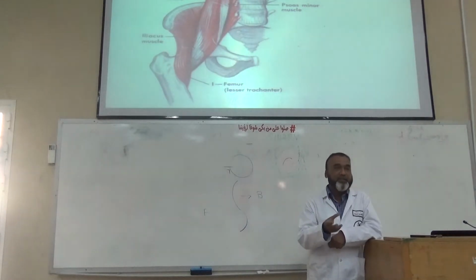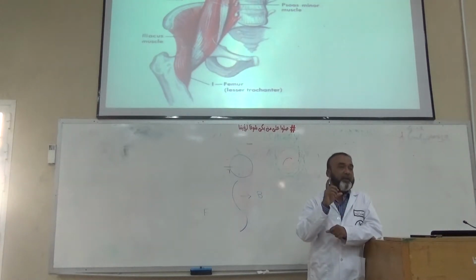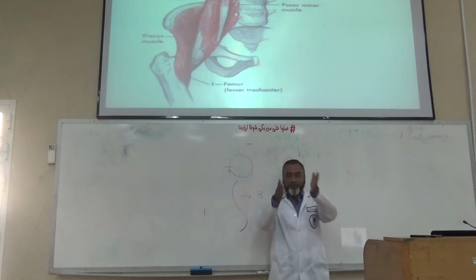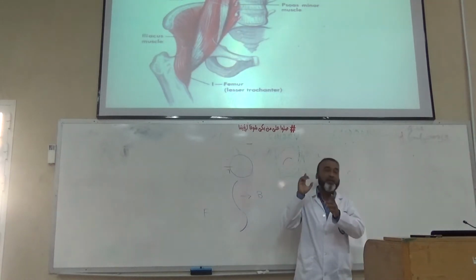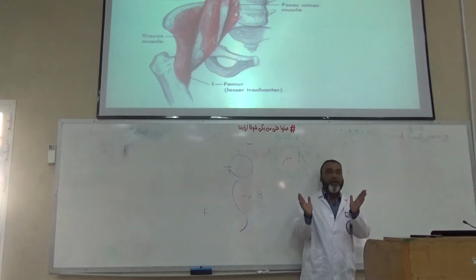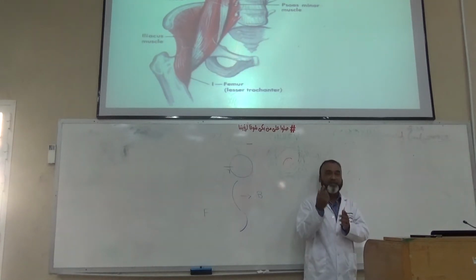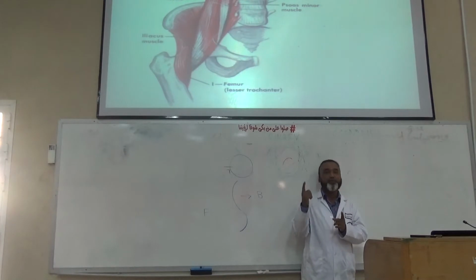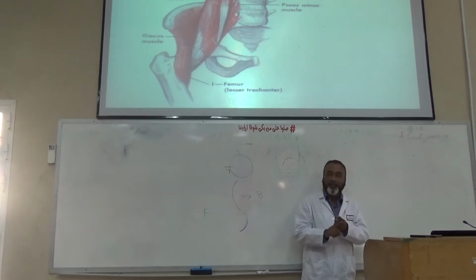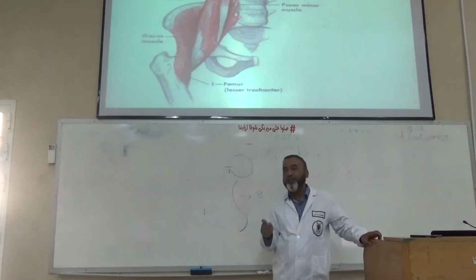So the iliacus muscle, after originating from the iliac fossa, passes down on the lateral side of the psoas and then joins and forms a single tendon named the iliopsoas muscle to be inserted over the lesser trochanter of the femur.